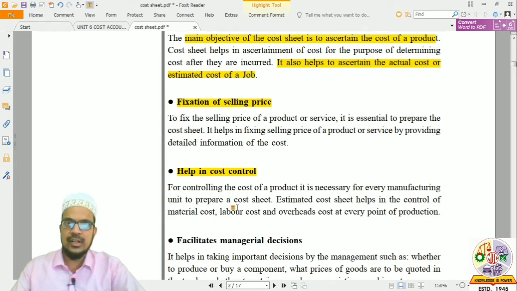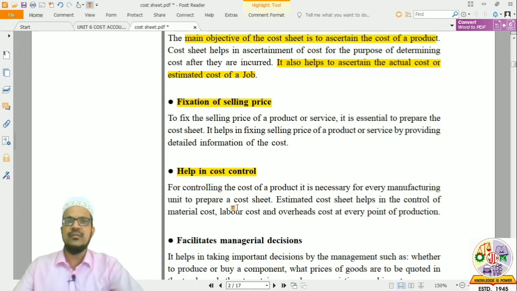The cost sheet will give you a detailed account of all the components which make up the total cost of the product. How much material is required, how much labor is required, how much expenses, direct and indirect expenses, how much selling and distribution expenses. The detailed account of all these expenses is available in your cost sheet.